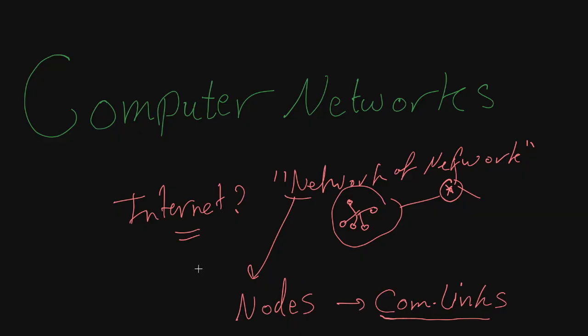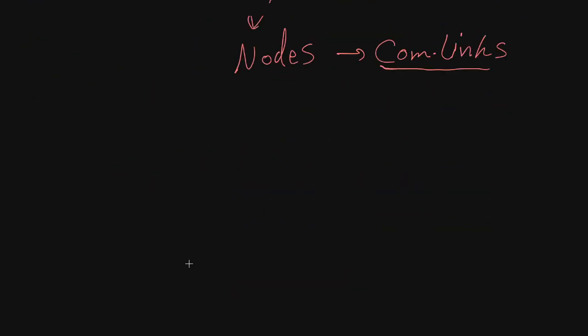What is a node? A node can be just a passive device, or there can be something called an end device or edge device. This can be, for example, a computer, a printer, any device, or a sender device.